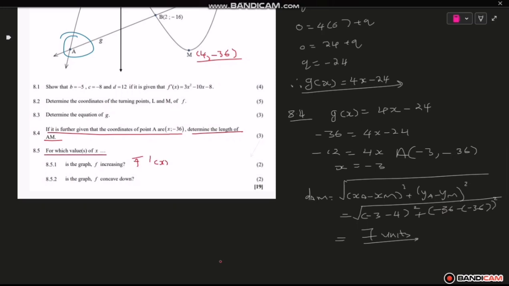So what you must do is first derivative greater than 0, then you solve for x. That's very important. That's increasing. Then for concave down, second derivative less than 0, then you solve for x. I hope that makes sense. That's how you're doing these, guys.